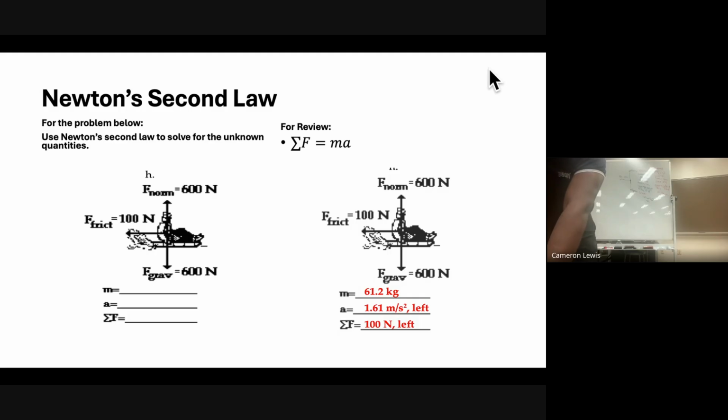Negative is not wrong, but if you say left, it shows me I'm going to my right, but I have an acceleration going left, so I know I'm slowing down. Using the actual direction, left, right, or like northwest or southeast, would give me a better indication of what's happening in the situation. Does that make sense?